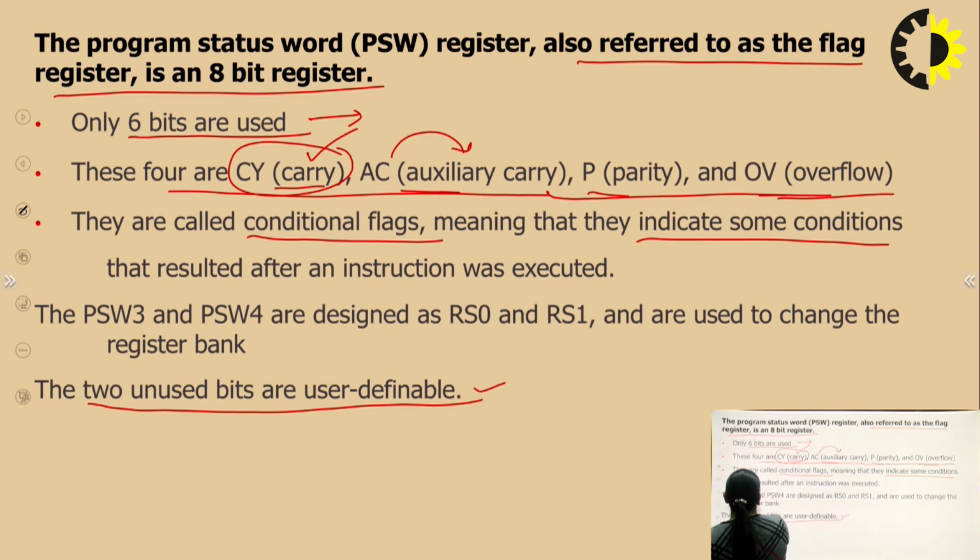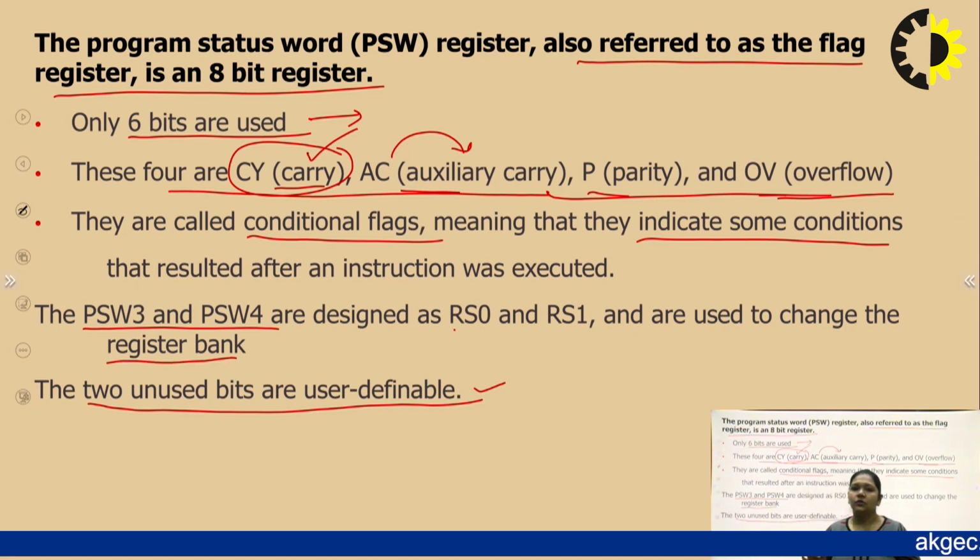Clear? And the remaining 2 bits, that is program status word 3rd bit and 4th bit, are used for selecting the register banks. As you all know, the 8051 microcontroller has different register banks. Which register bank is going to be used by the microcontroller? For that, these 2 bits are used, RS0 and RS1.